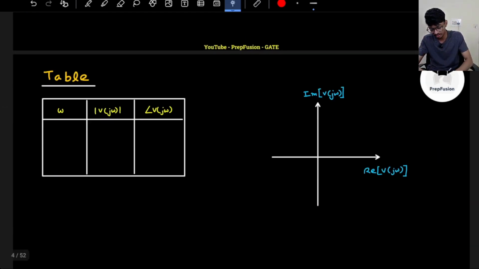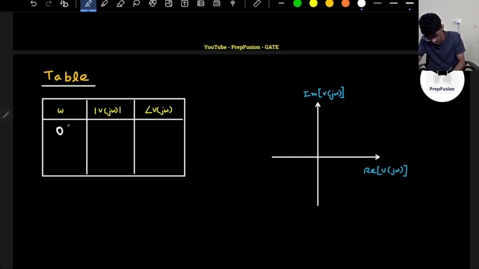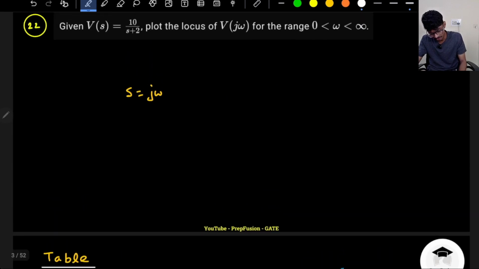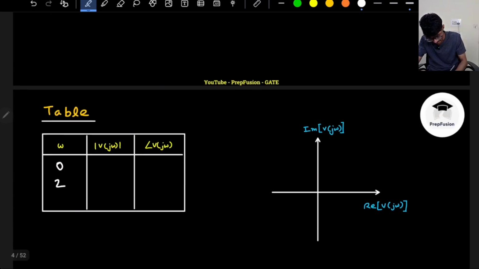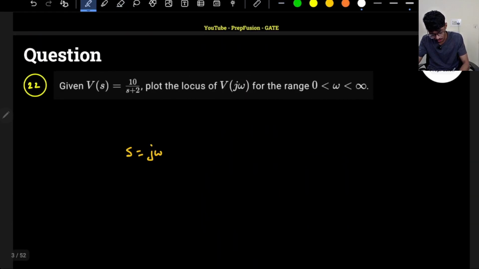So first you put the table and you put different values of omega. Let's try different values of omega. Let's try for omega equal to 0, for omega equal to 2, and then we will try for omega equal to infinity. Okay. For omega equal to 0, how will the function look?